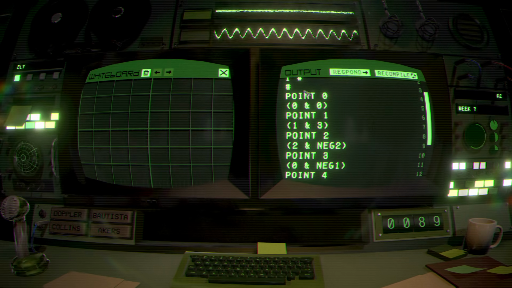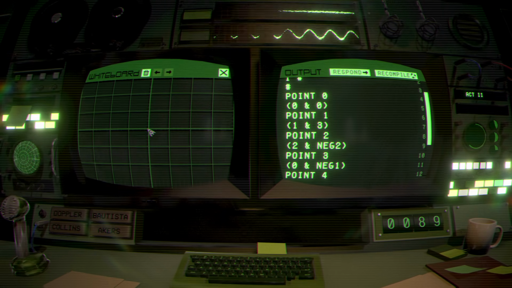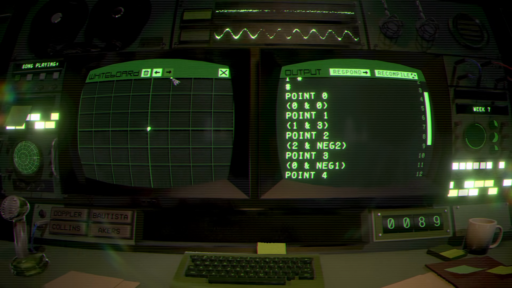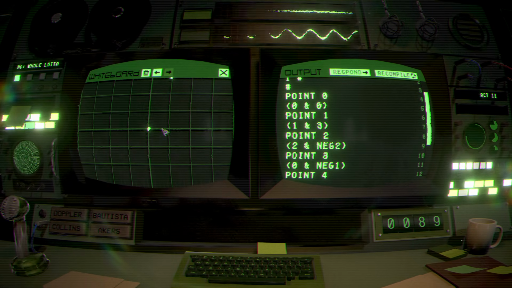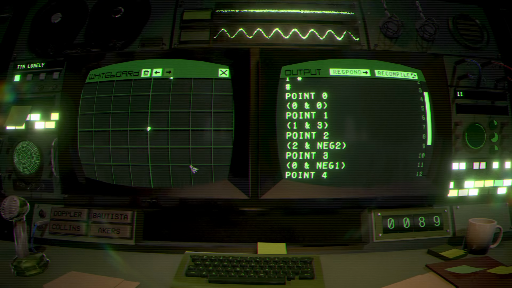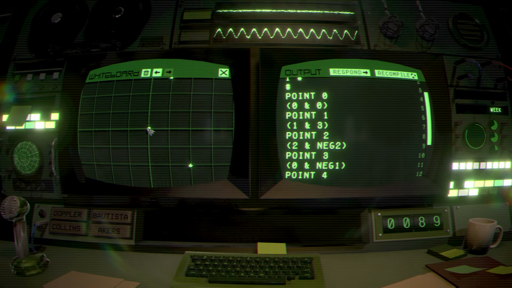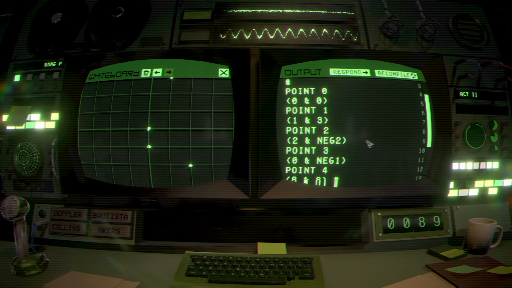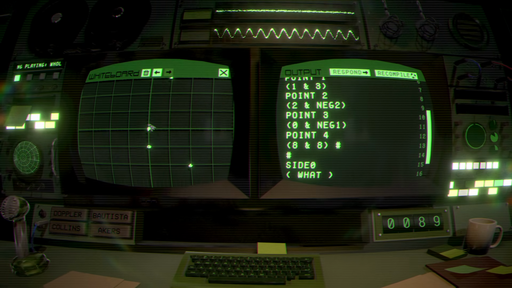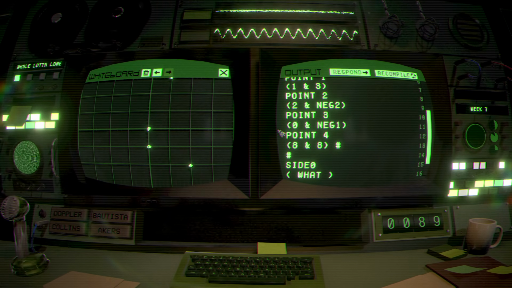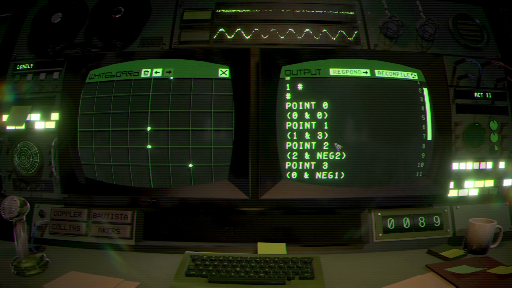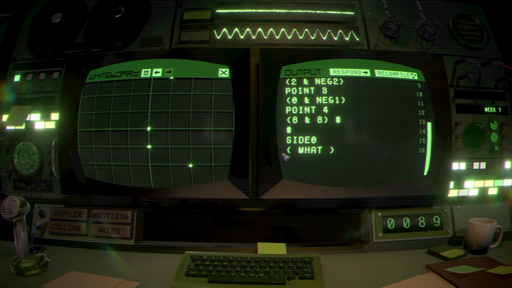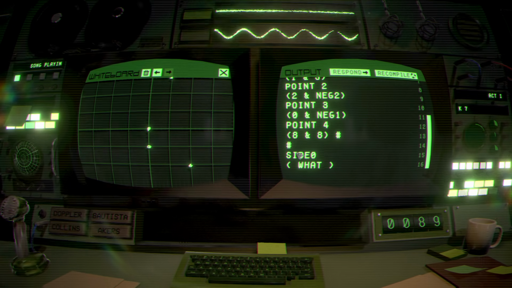So all the sides are 1 is what they're saying. 0, 0. 1, 3. 2, -2. 0, -1. 8 and 8 is way up there. What?